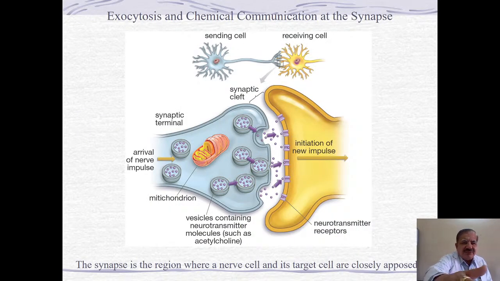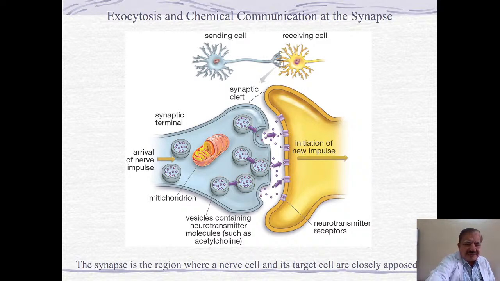As we have seen, exocytosis and chemical transmission happen in the synapse, that is, the neuromuscular junction. Here it is a neuron, and this is called the axon. In between there is a synaptic cleft. Vesicles come down and fall into the synaptic cleft.